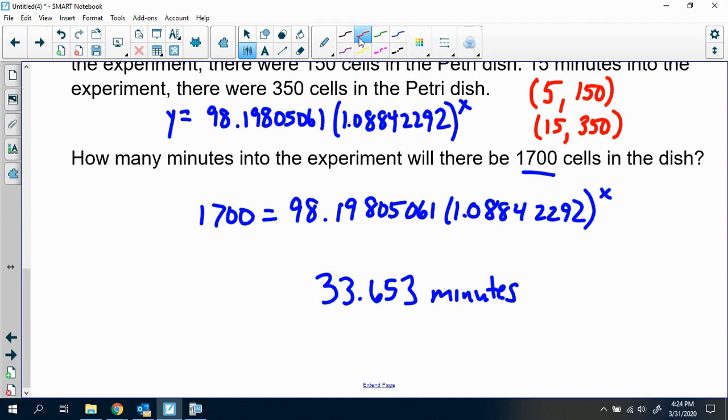So one more time, even though this is an initial amount of cells and this is a growth rate, we can't be rounding these numbers, because we're going to be off by a very considerable amount if we do, because we're multiplying by these numbers repeatedly, and so then we get off by a very large amount.